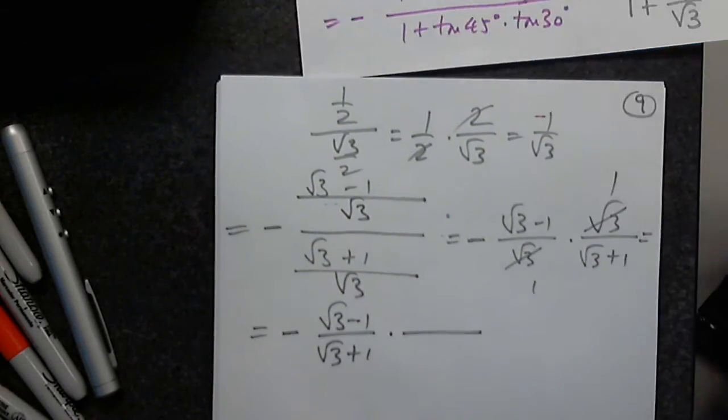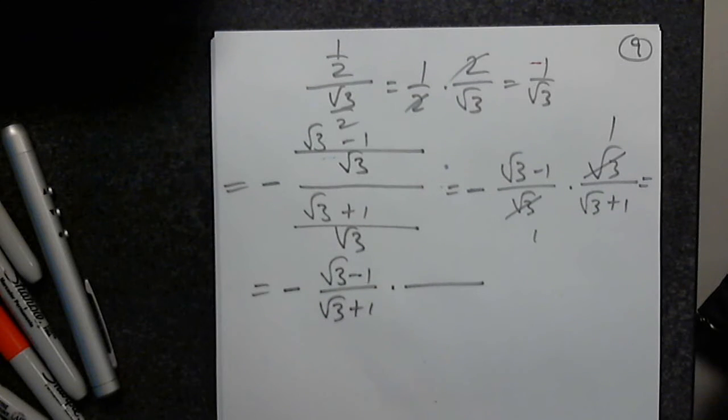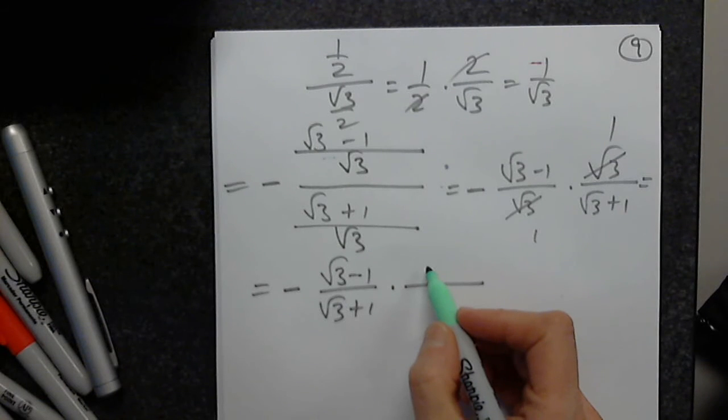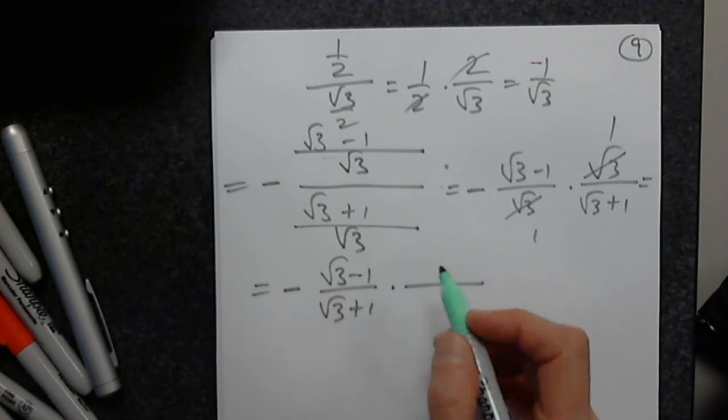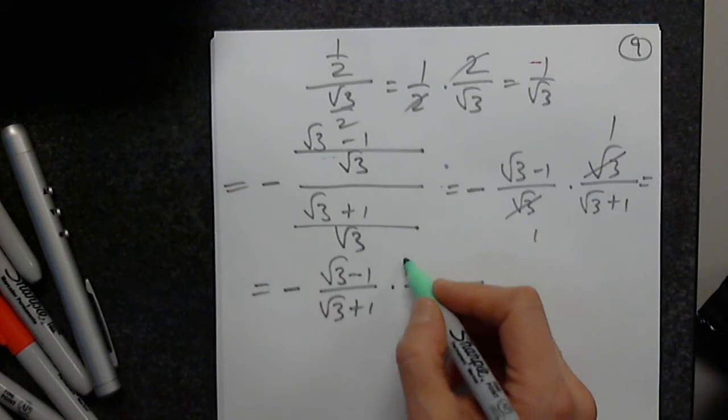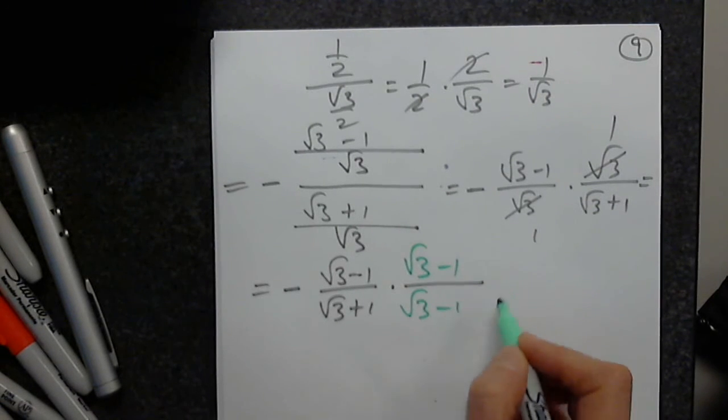What do I rationalize by? You thought you could forget about rationalizing. No. Which is? You said the conjugate. This one has plus. Oh, I'm sorry, minus. Exactly. Good.